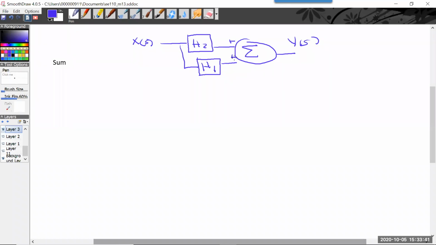Now, of course, you could have minus signs here as well. Summing doesn't just involve positive operations, all right?